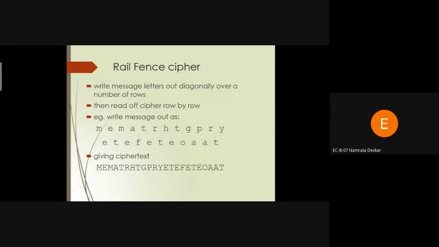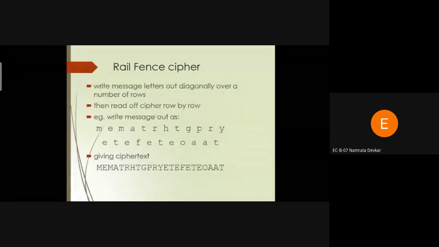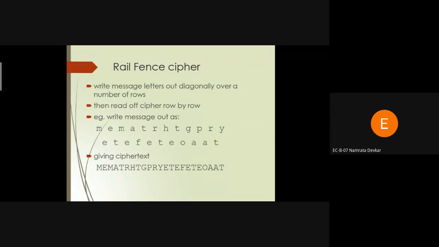The first letter in the second row is E, so we write E. After representing these letters in a diagonal order, we have to write the cipher text for this message.